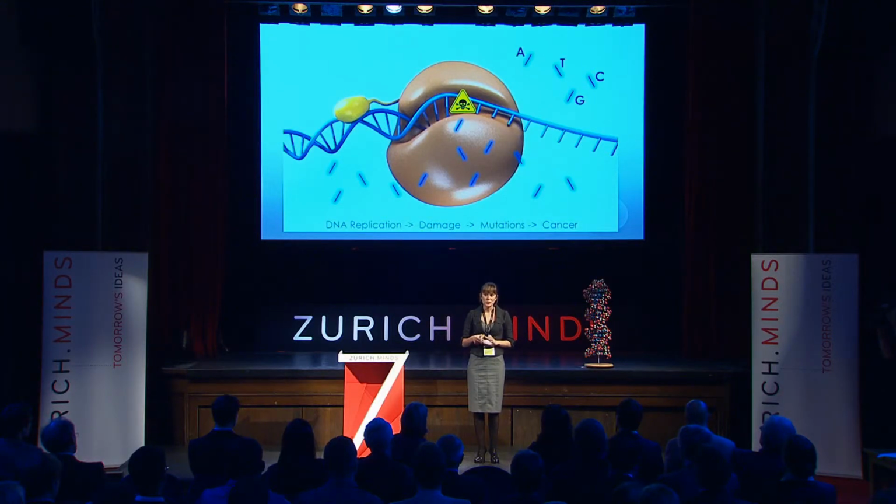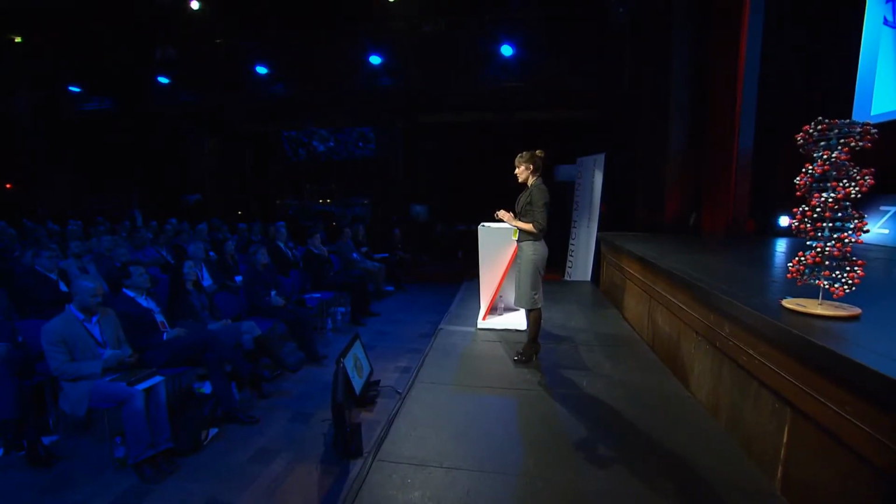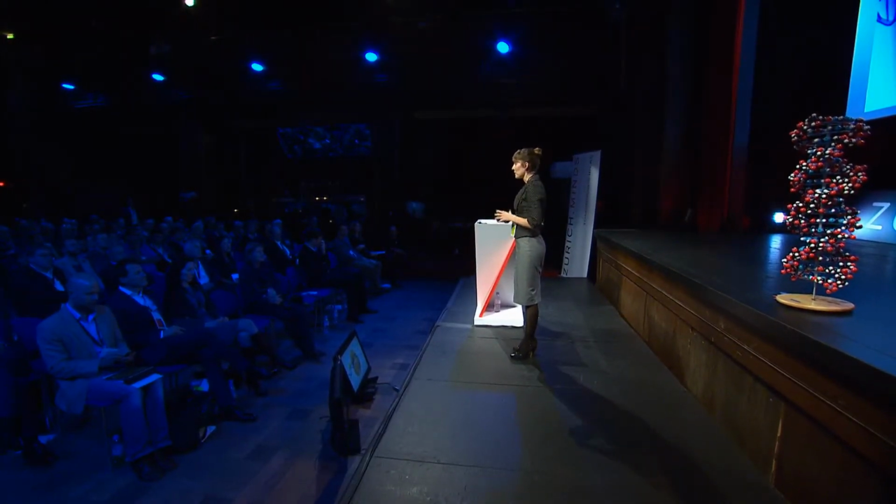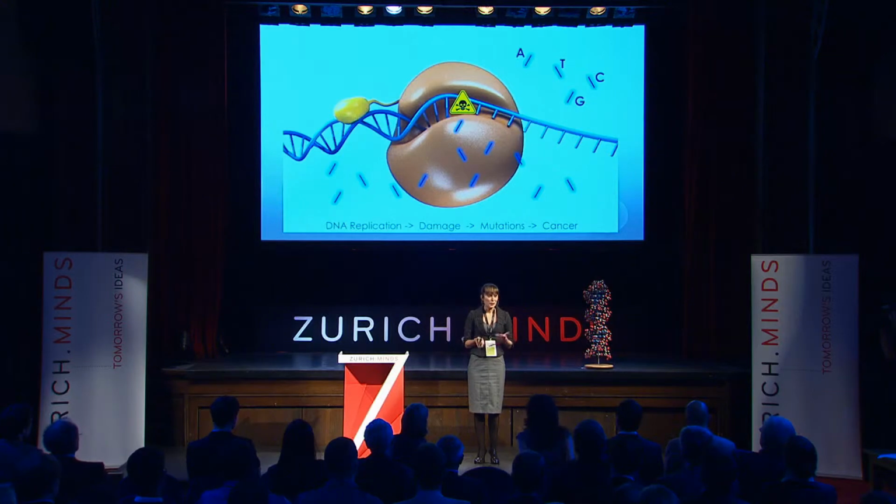Often they can insert the wrong letter at that position. This creates a misspelling, if you will, or in scientific terms, a mutation. As we've heard earlier in talks today, mutations can be advantageous. It's the basis of evolution. But they can also be bad, as they can lead to the development of cancer. And that's what we're interested in.